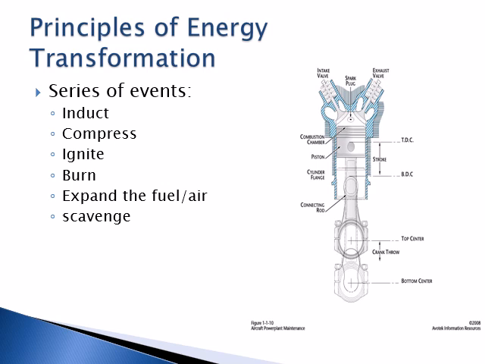The mixture burns, rapidly expanding and driving the piston down in the power stroke. As the piston descends, it expands the fuel-air mixture and converts the pressure into mechanical force. Finally, in the scavenging phase, the exhaust valve opens to expel the burned gases, making the cylinder ready for the next cycle. This continuous loop powers the engine efficiently and reliably.